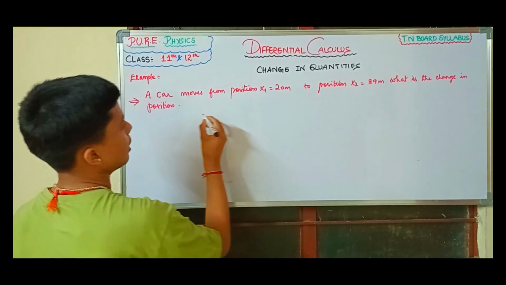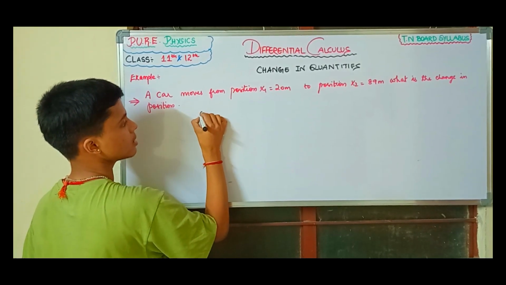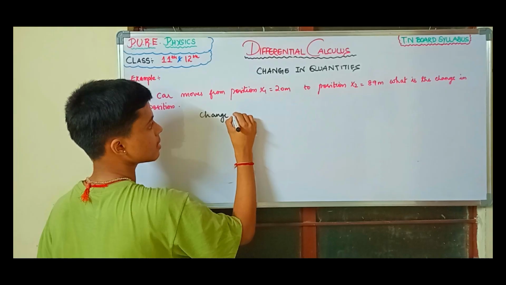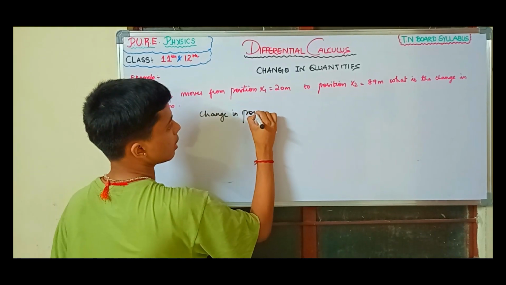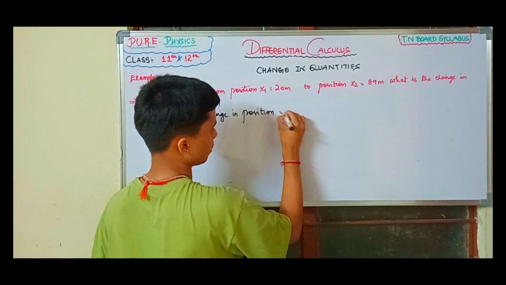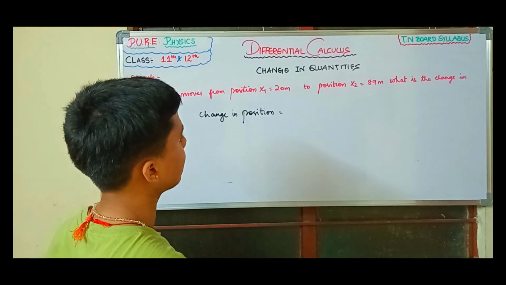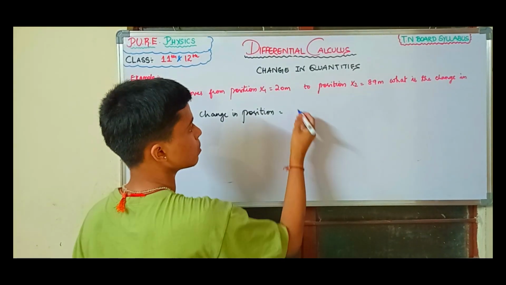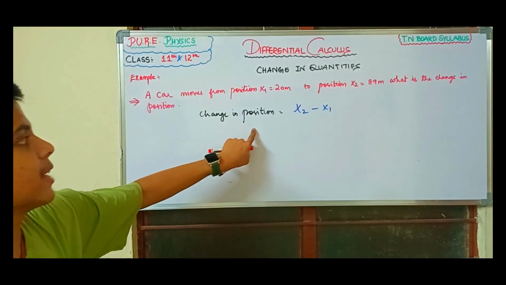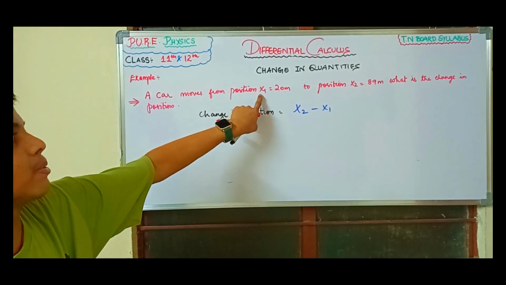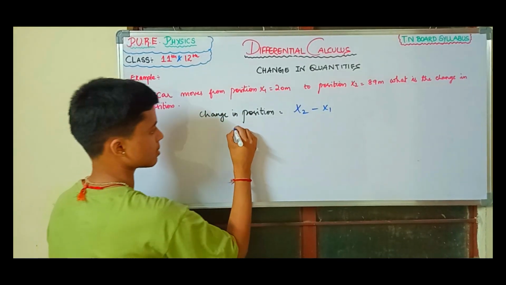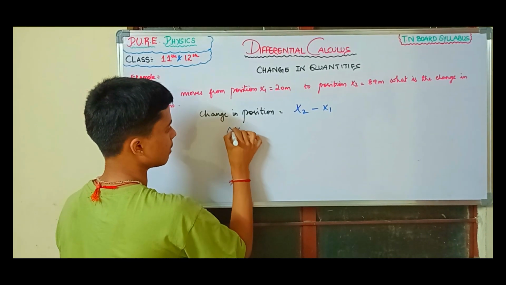I said, whenever you take change in quantities, you should always consider the final value minus initial value. Here my final value is x2, right? x2 minus x1. Since I am using x1, x2, the position will be represented as x, and change in position will be delta x.